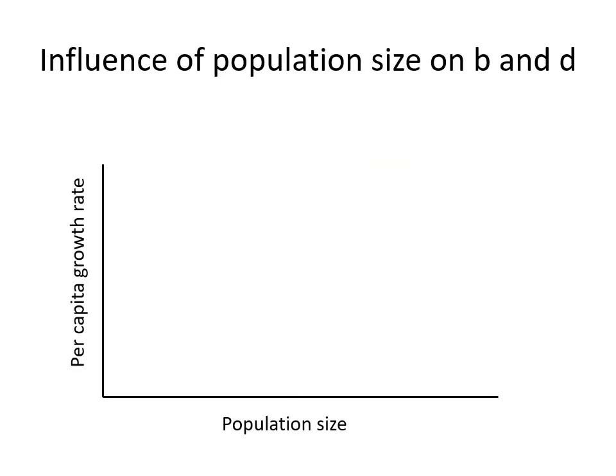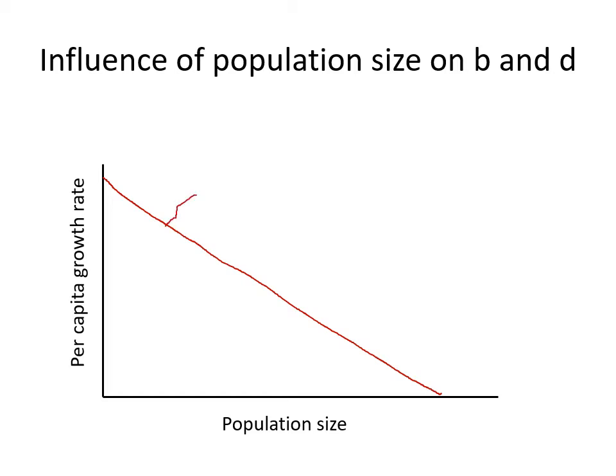So to get a sense of what we're talking about here, if you look at a graph of per capita growth rate, or little r, along the y-axis, okay, population size on the x-axis, basically what we're saying with the birth rate is that we start at some maximum birth rate at the small population size, and that as population size increases, that birth rate declines.